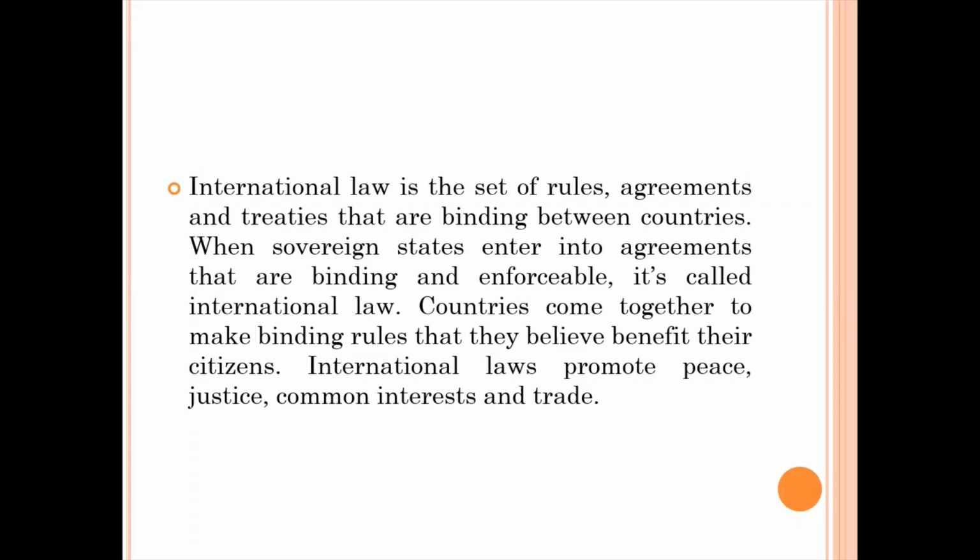When sovereign states enter into agreements that are binding and enforceable, it is called international law. These come into force when any agreement, treaty, or rules between two or more countries join together to perform any particular law.